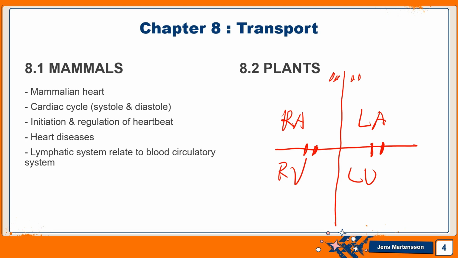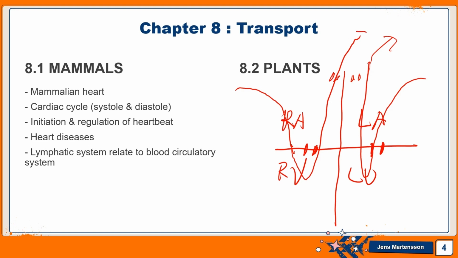You all know that the blood flows from the pulmonary vein into the left atrium and then to the left ventricle. Then the left ventricle pumps the blood through the aorta to the whole body. On the right-hand side, the blood comes in, passes through the right atrium, goes through the valve into the right ventricle, and then the right ventricle pumps the blood to the lung.